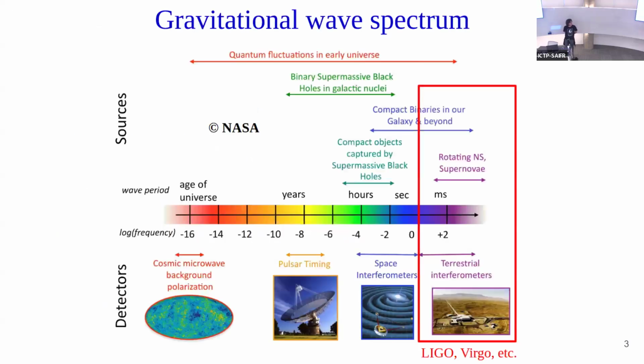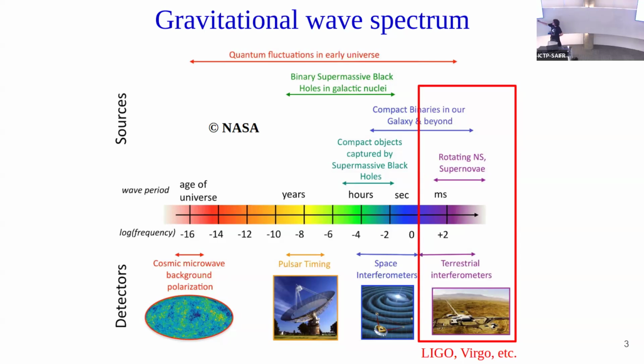So let's start. I want to start with this cool picture I took from NASA. It shows us all the gravitational wave events in the universe. So it starts early on the CMB, with the B-polarization caused by gravitational waves, and then we go to pulsar timing arrays. Then we have space interferometers, with giant black holes.